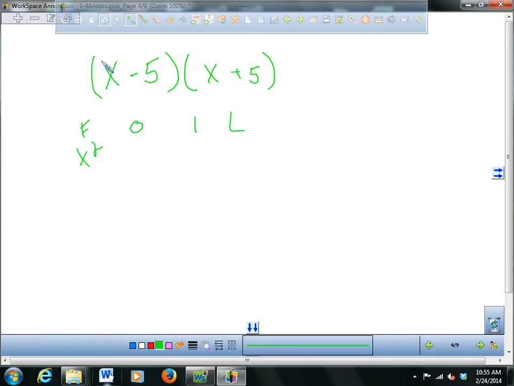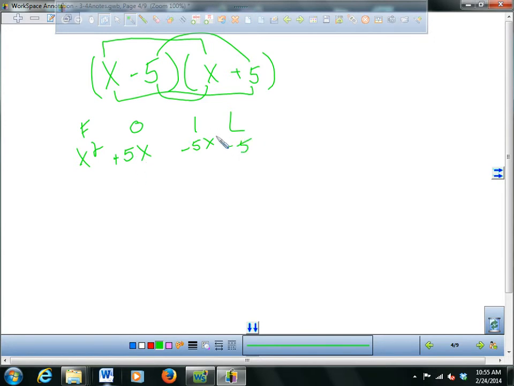What's outer? This times this is plus 5x. The inner terms are negative 5x. And the last terms are negative 25.